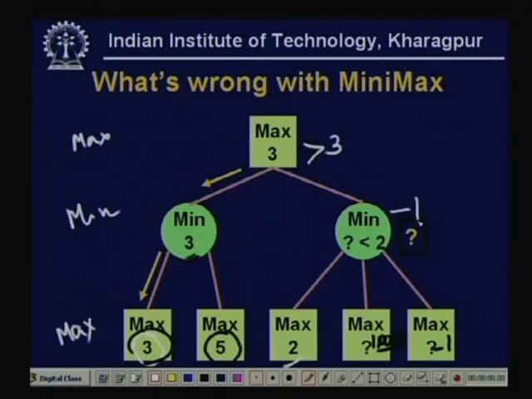So, the min value at this node can be less than 2, cannot be greater than 2. Therefore, the values of these nodes are not important for max, because max knows that this is a path with a better guarantee. So, max need not compute these nodes. So, search can be cut off at these two paths. So, this is the idea of the pruning that we will talk about today.